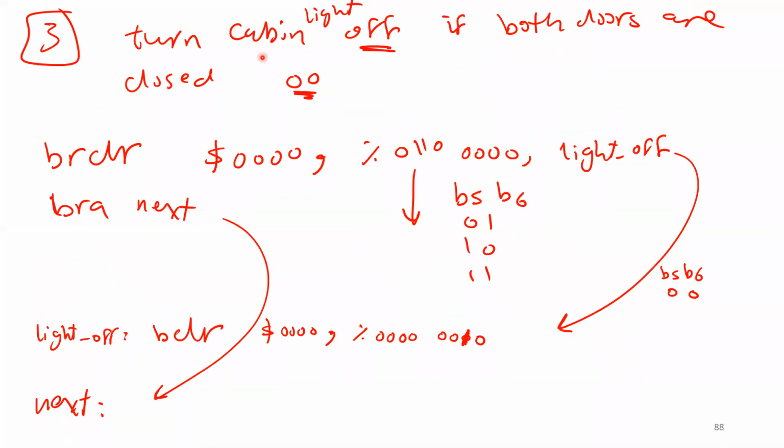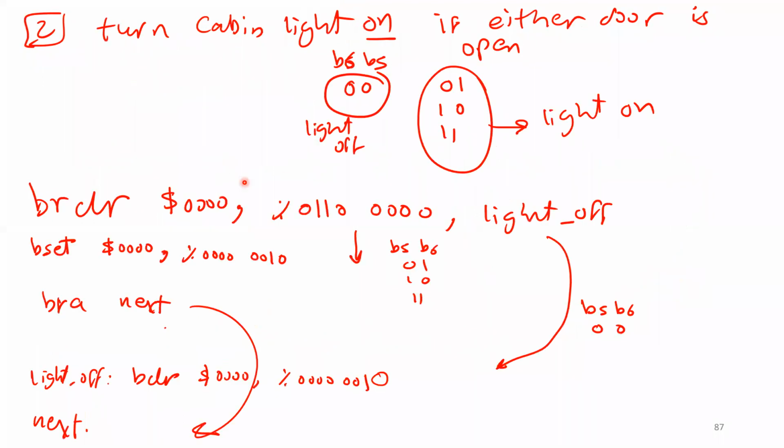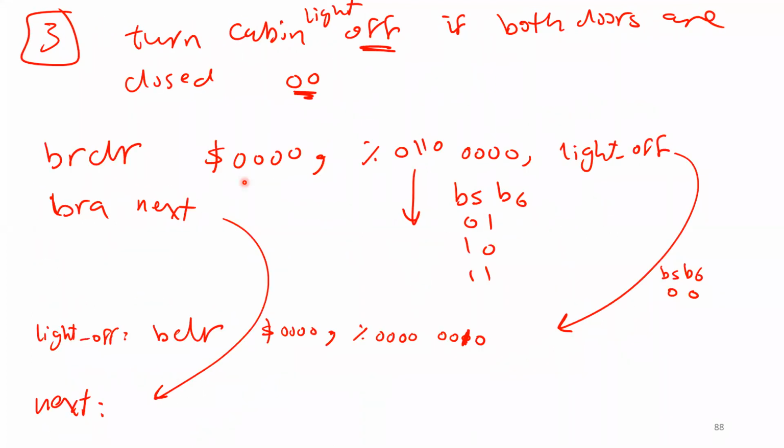In this logic, I'm telling you, turn the cabin light off if both doors are closed. So if the two doors are closed, here I'm going to branch if clear.